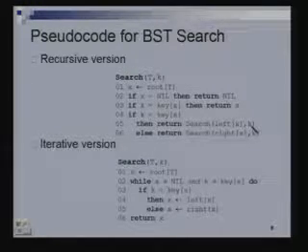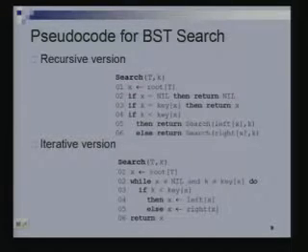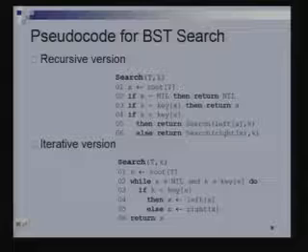Is there a little problem in both the versions? Yes. Sir, in the recursive version when we are using left, we are putting the tree in search. In the iterative procedure, we are putting only the root node. I mean, when we are changing it, then x is equal to left of x in the iterative procedure.